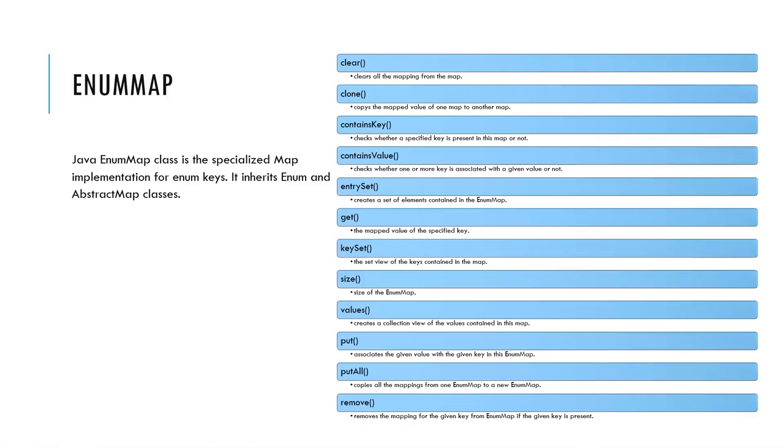Also, Java provides enum map. Enum map is a specialized map for the enum case. So it provides the same methods as any maps.